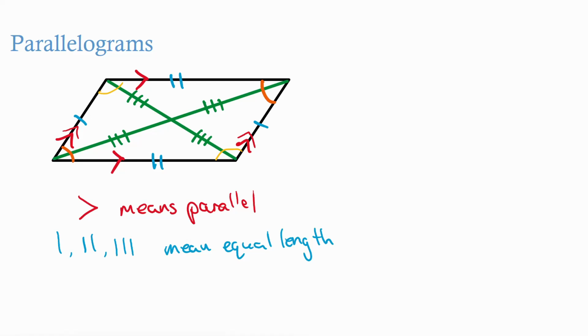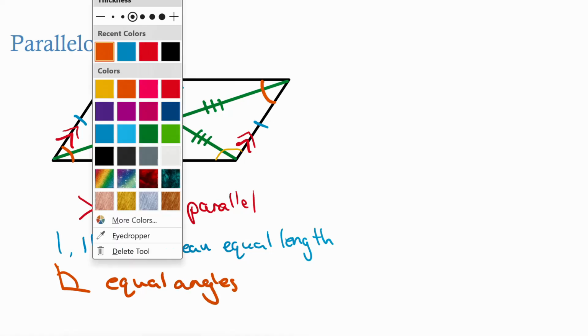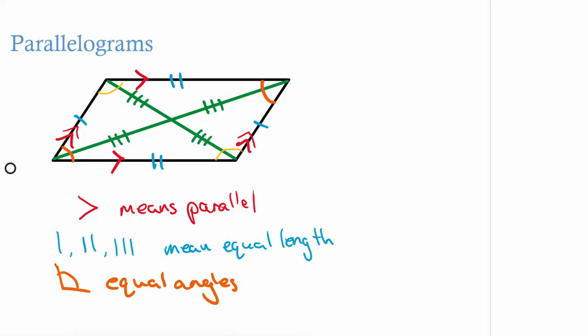Another thing to remember is you've got your angles there. The ones that are the same color mean they're equal angles. So bottom left corner, top right corner, they're both orange angles, so they're equal. And then top left, yellow, bottom right, yellow, they're equal as well.